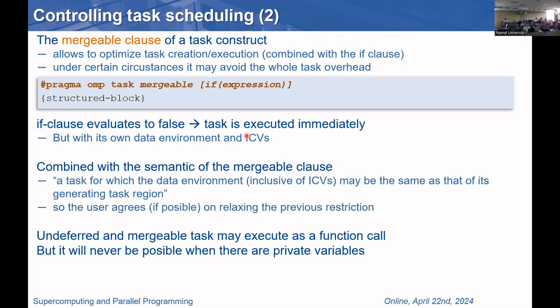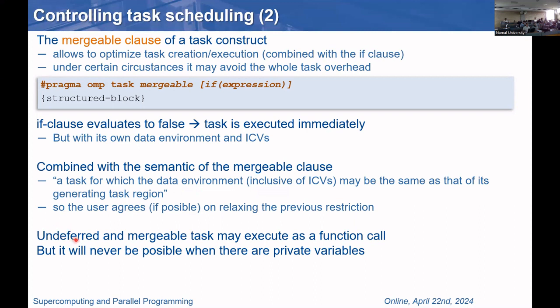Combined with the semantics of the mergeable clause, a task for which the data environment, inclusive of the internal control variables, may be the same as that of its generating task region. So the user agrees, if possible, on relaxing the previous restriction. This means that this mergeable task will actually have their ICVs.